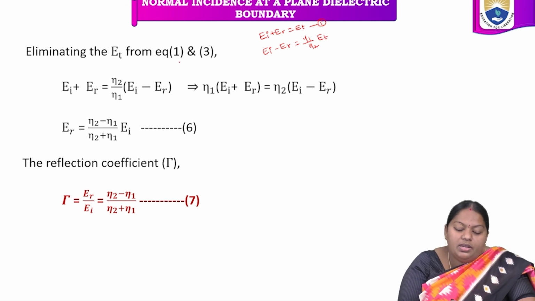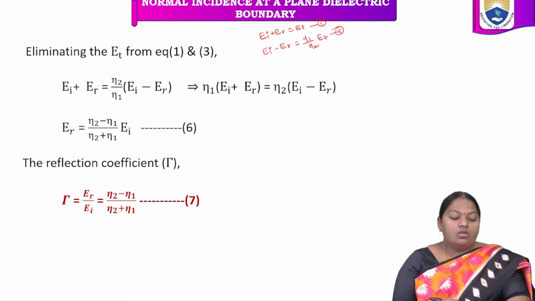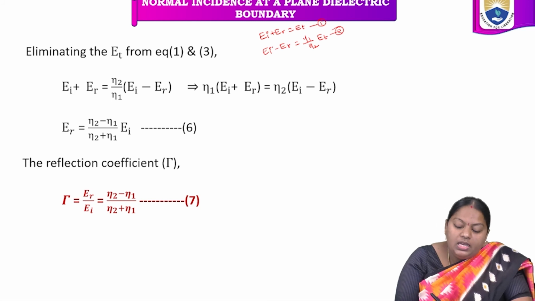By eliminating ET from equations 1 and 3, if you equate the RHS or either LHS parts are the same, then automatically the other part will be the same, right? Okay, then EI plus ER equal to ET and EI minus ER equal to eta 1 by eta 2 into ET. So to equate these two, we are supposed to write the equation for ET from equation number 3.